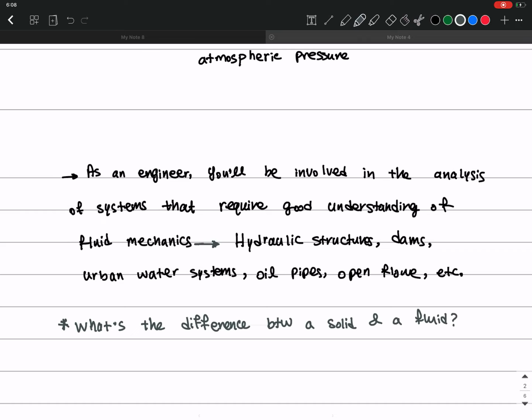Can you think about that for a moment? Think about that yourself. What do you think? What's the difference between a solid and a fluid? What really distinguishes a fluid from a solid? Can you think about it?